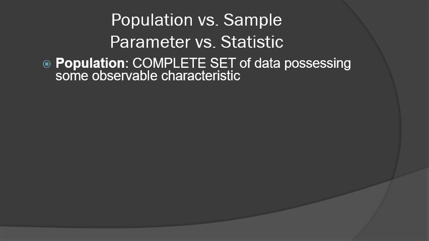Okay, let's transition into some other things relating to this: population versus sample and parameter versus statistic. So a population, as we already talked about, is the complete set of data that we're interested in. Complete set, everyone that's possible for us to be interested in. If we were interested in the average height of Detroit Mercy students, the population would be all Detroit Mercy students.